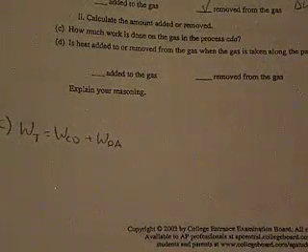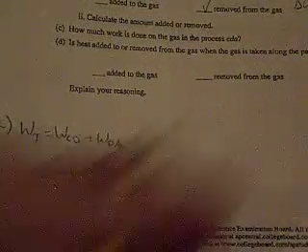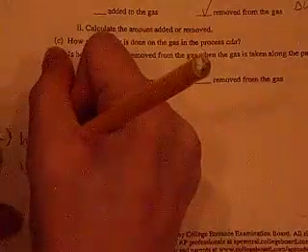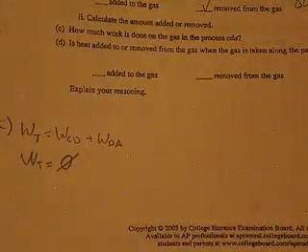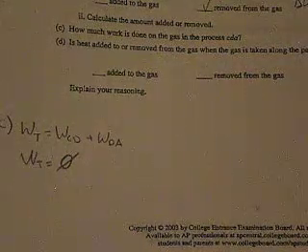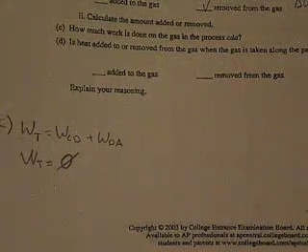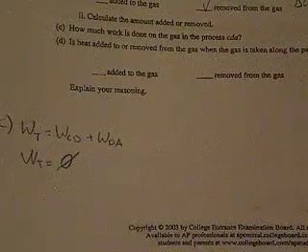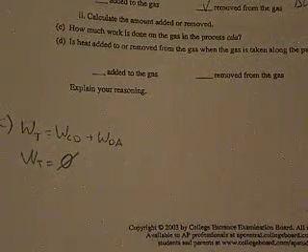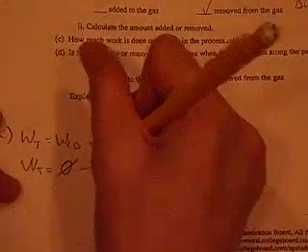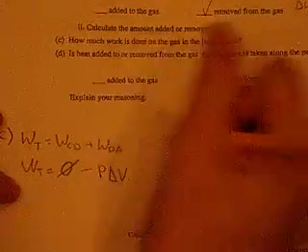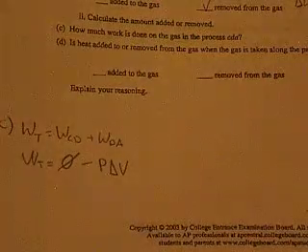Okay? And then we know that the work from C to D is equal to 0 because it is a vertical line. And when there's a vertical line, we know that there is no change in volume, therefore the work is 0 joules. And then we know that the work done from D to A is just equal to negative P delta V. Okay?